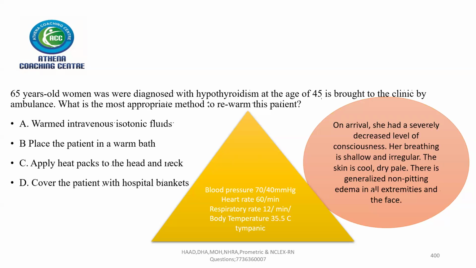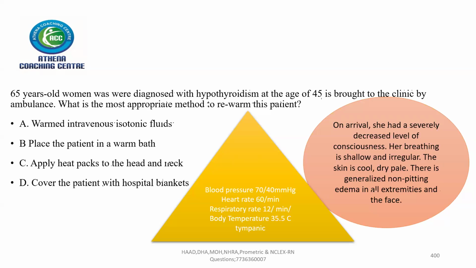So on arrival, the physical examination finding is she had a severely decreased level of consciousness. Her breathing is shallow and irregular, and she is cool, dry, and pale. There is generalized non-pitting edema in all extremities and the face. BP is low and heart rate is also low, at the lower limit, and respiratory rate is okay and temperature is low.